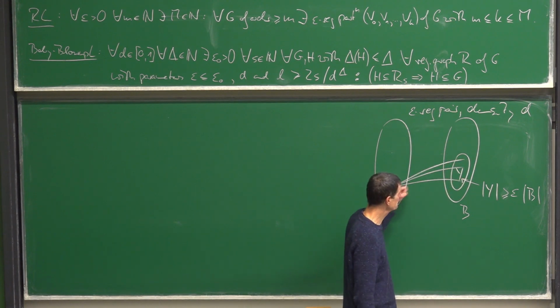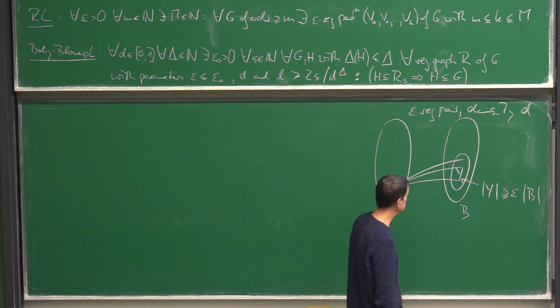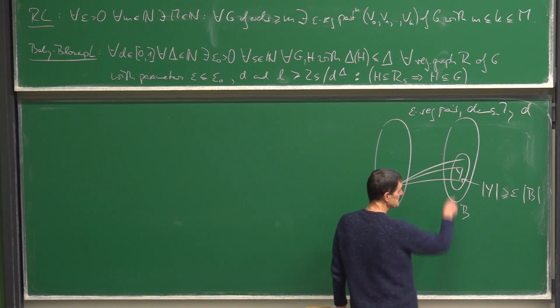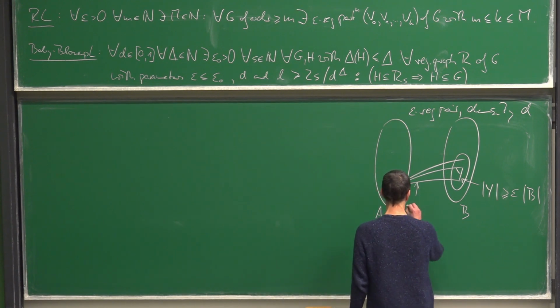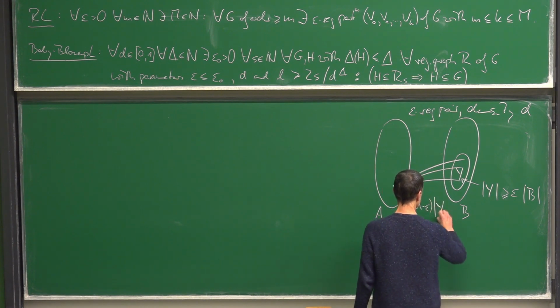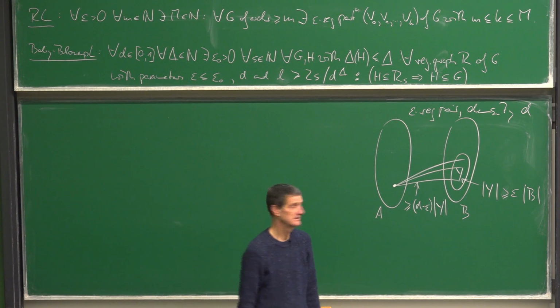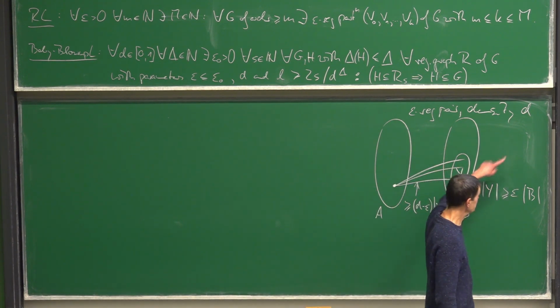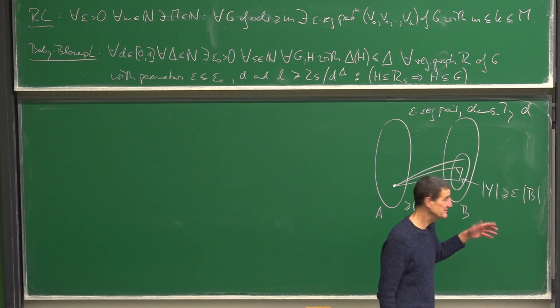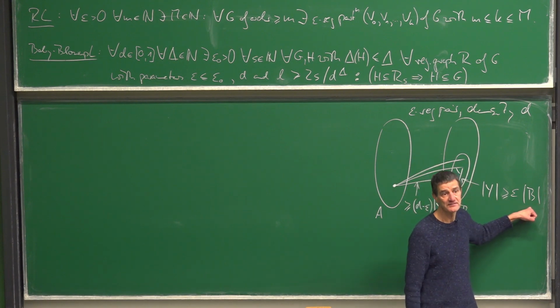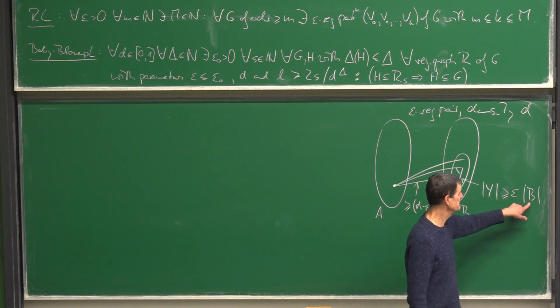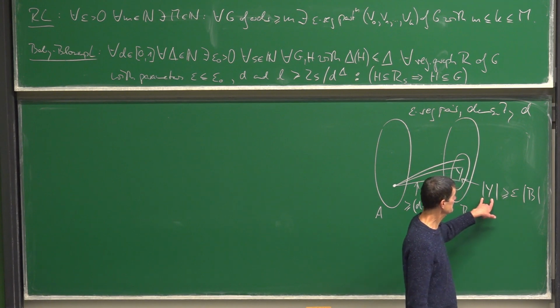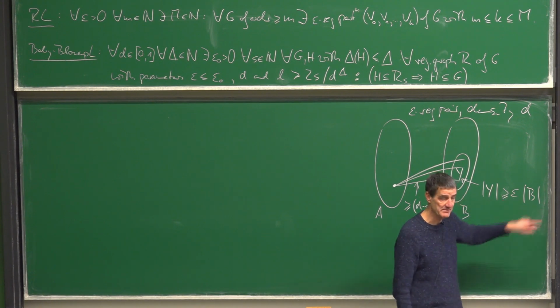So the number of edges they send to Y is about d times the size of Y, the same proportion. More precisely, at least d minus epsilon times the order of Y. Epsilon is our universal error term, epsilon times the relevant number. Here the reference number is the size of B, and a subset of B is big if it has at least epsilon times that many vertices.